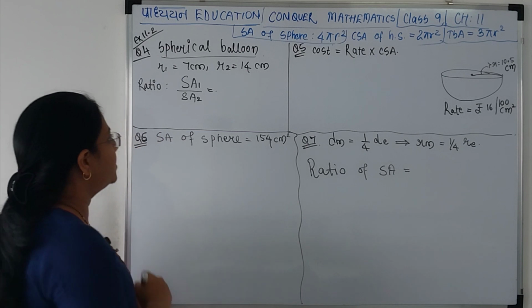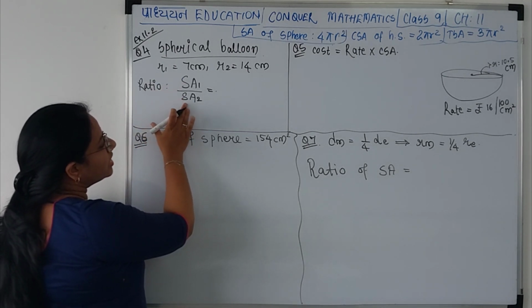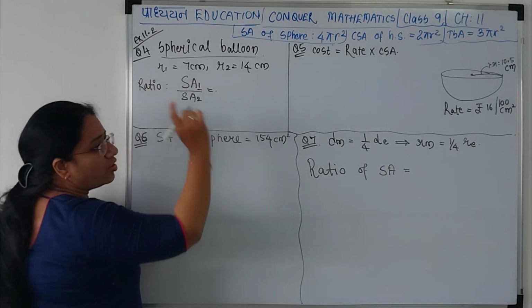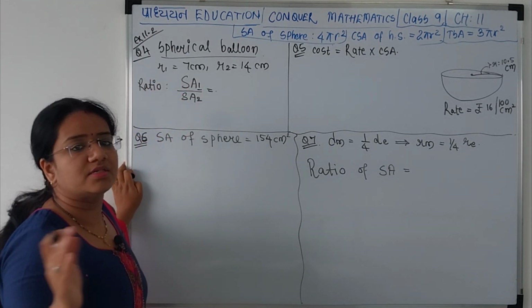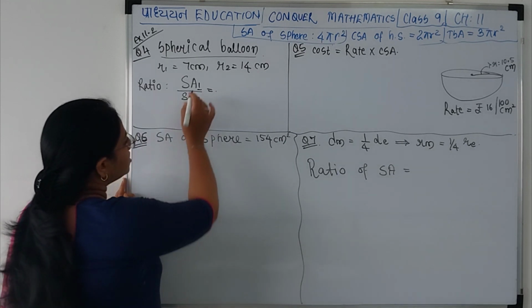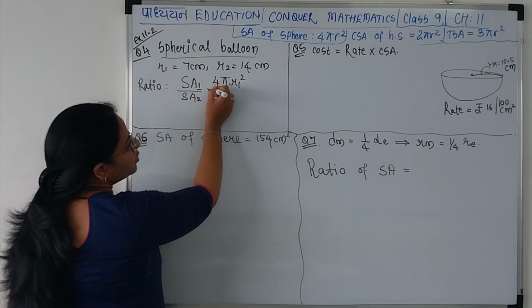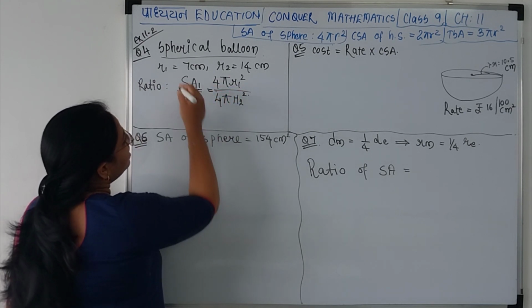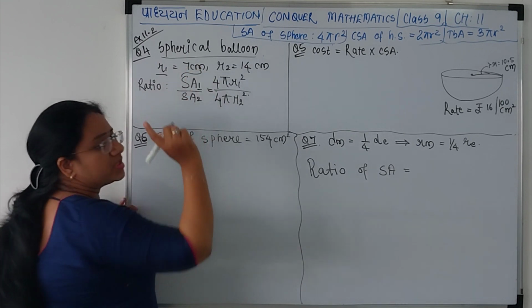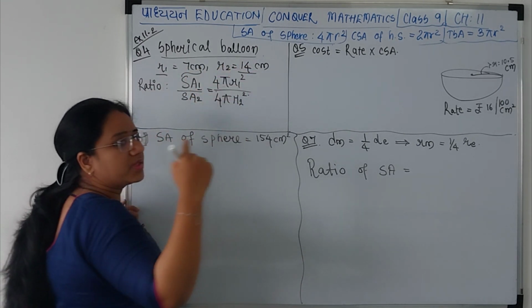What you have to do is simply you have to give surface area 1 upon surface area 2, where 1 is the case of a balloon filled without air and in the second case it is filled with air. Okay, so surface area 1 will be 4 pi r1 square upon 4 pi r2 square, where r1 is 7, initially the balloon's radius, and r2 is 14, the balloon's radius in the second case.